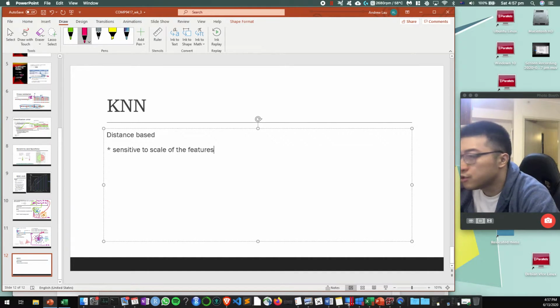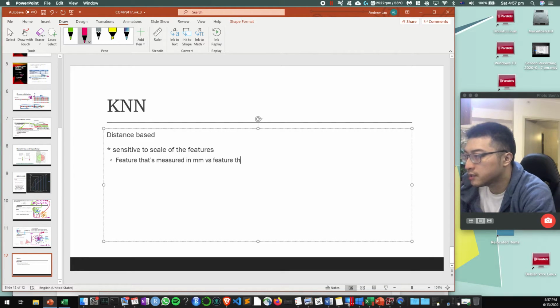So you can imagine, if there is a feature that's measured in millimeters versus a feature that is measured in kilometers, the KNN will strongly bias towards millimeters because the scale is so much higher.